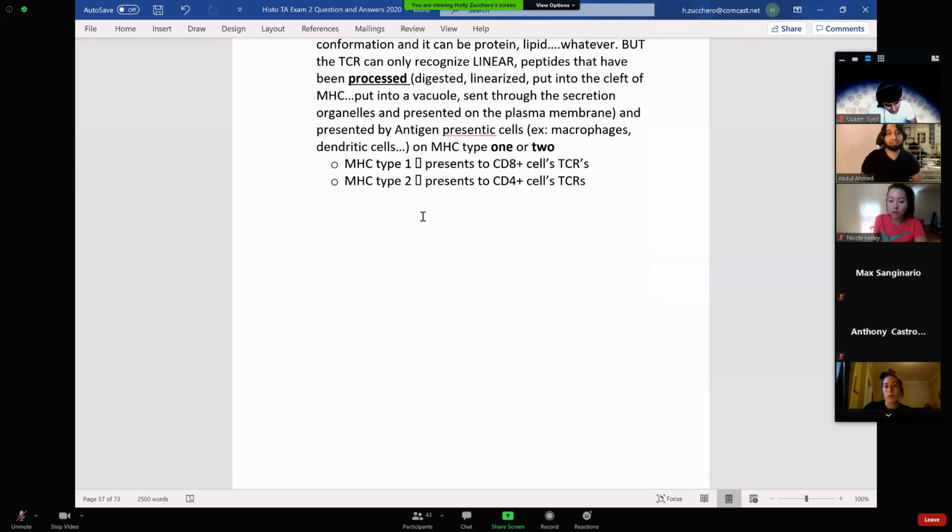So MHC type 1 is CD8, MHC type 2 is CD4. These are for T cells. These cells are going to take up a little bit of protein inside the body, and that's going to bring it out to the T cell receptor, to bring it out to the MHCs. So all your cells have MHC1 receptors.